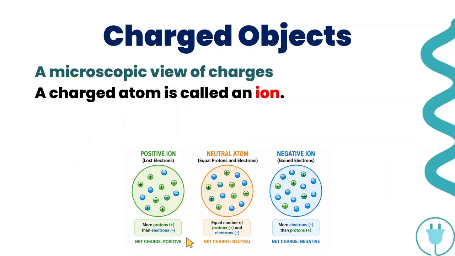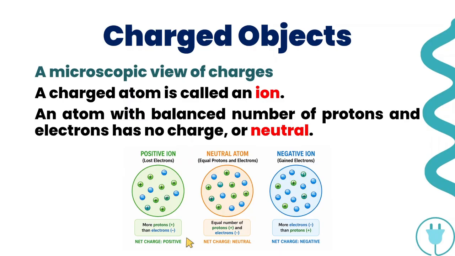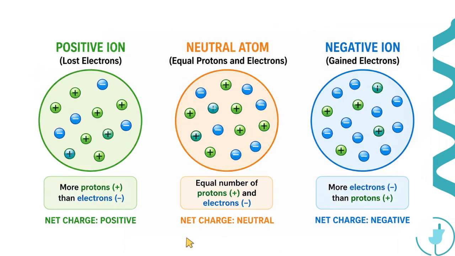So, to summarize, a charged atom is called an ion. An atom with a balanced number of protons and electrons has no charge. We call that neutral. If you notice, only electrons are gained or lost. Protons are not easily removed or gained by an atom. Only electrons.